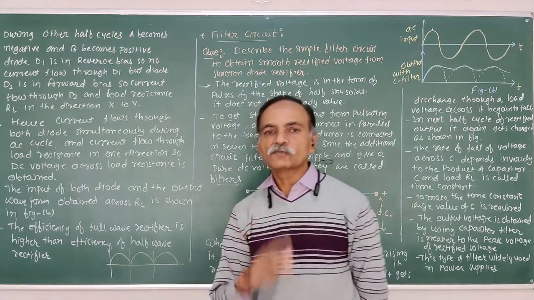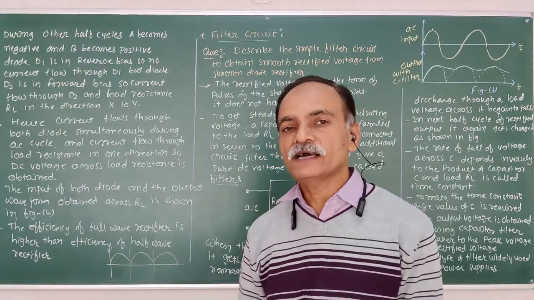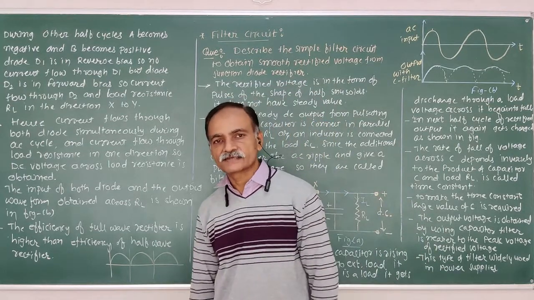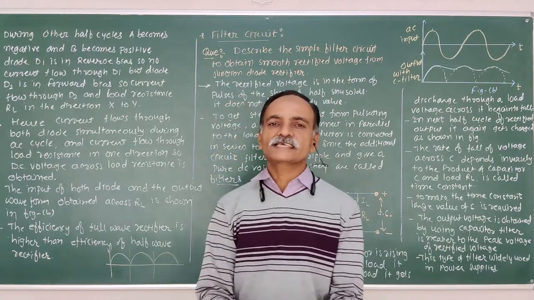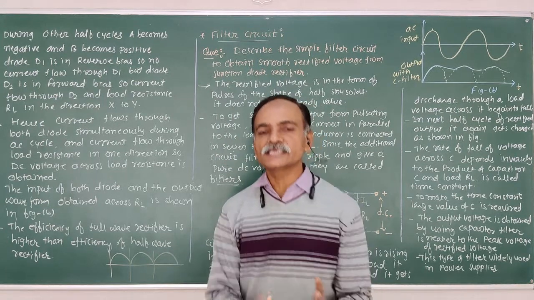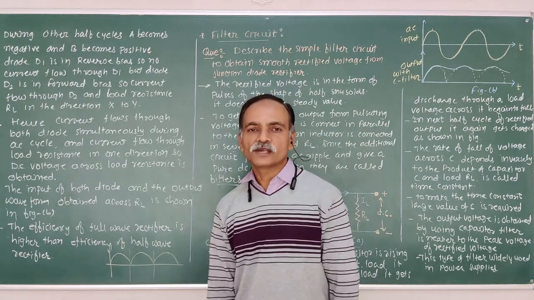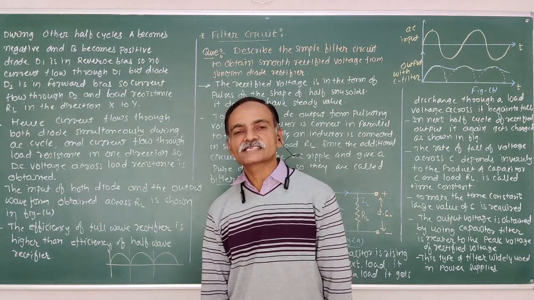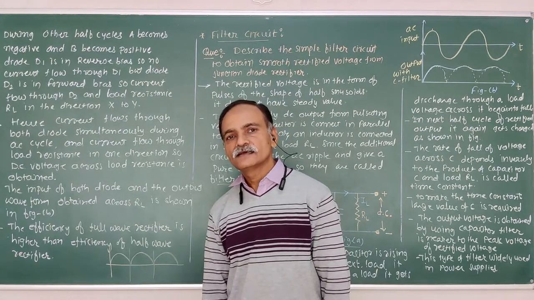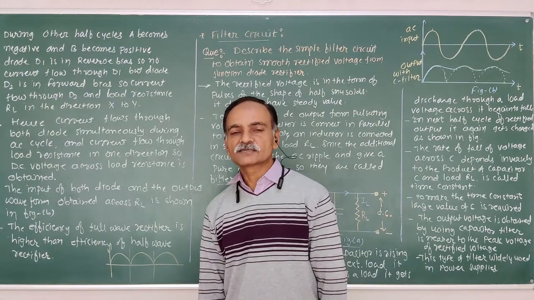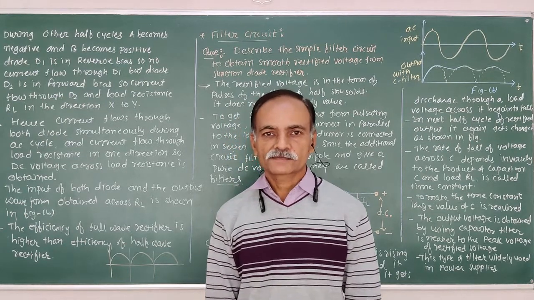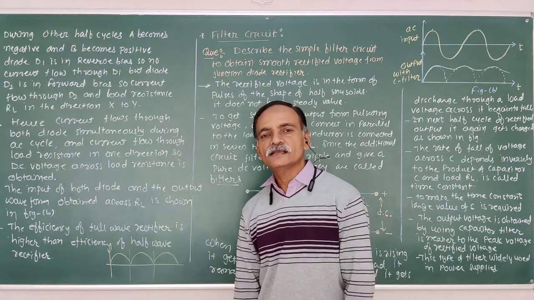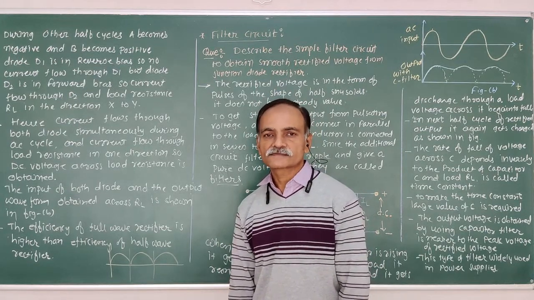Therefore, what is the output voltage of a rectifier circuit? The rectified voltage is not pure DC. Some part of the AC is also included in this output voltage. And whatever component of the AC is present in the rectified voltage, that is known as the ripple. It is necessary to remove this ripple to obtain the pure DC voltage.